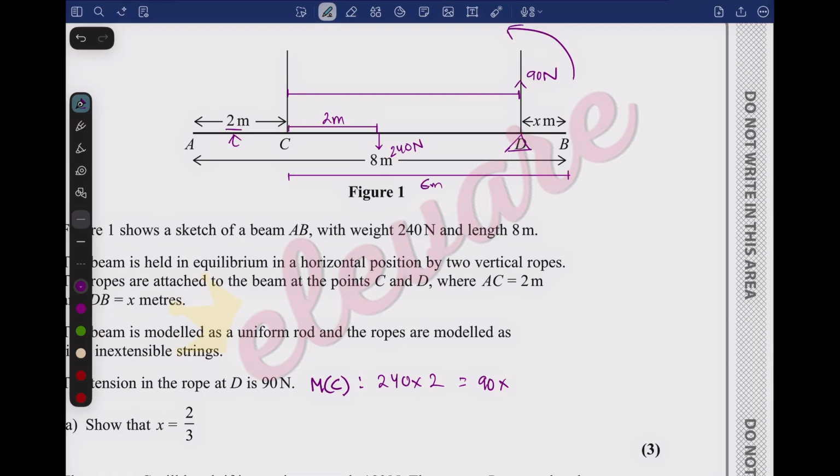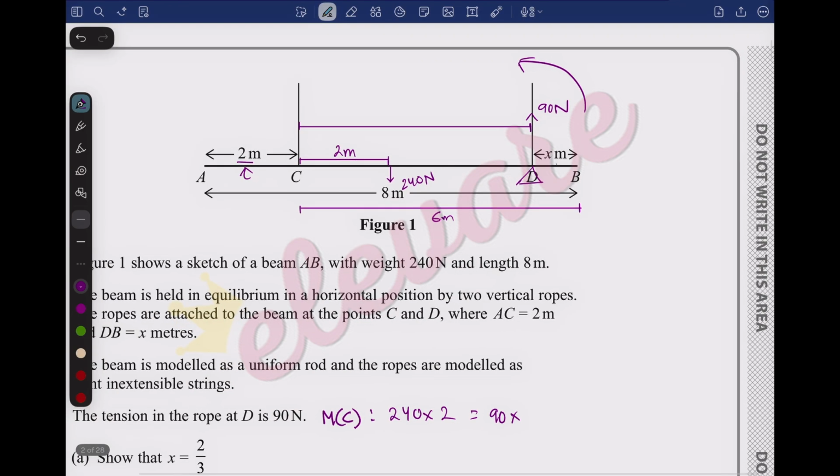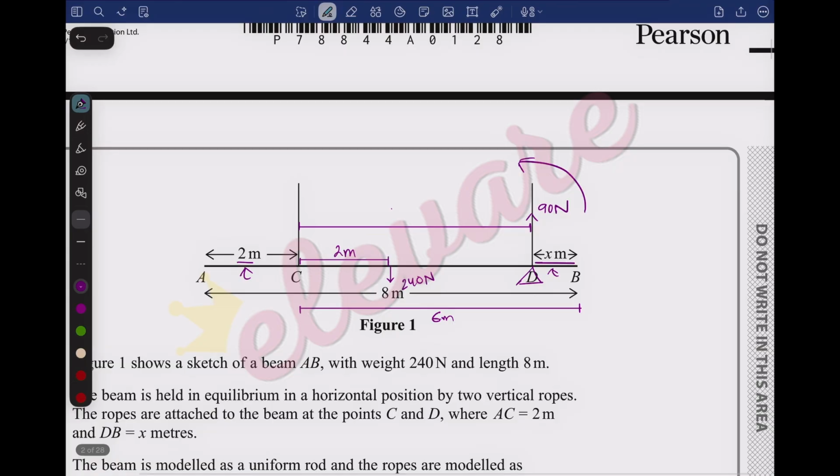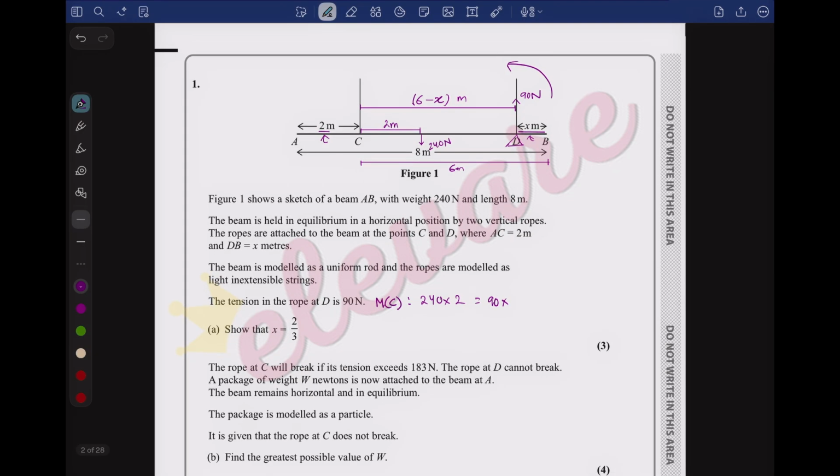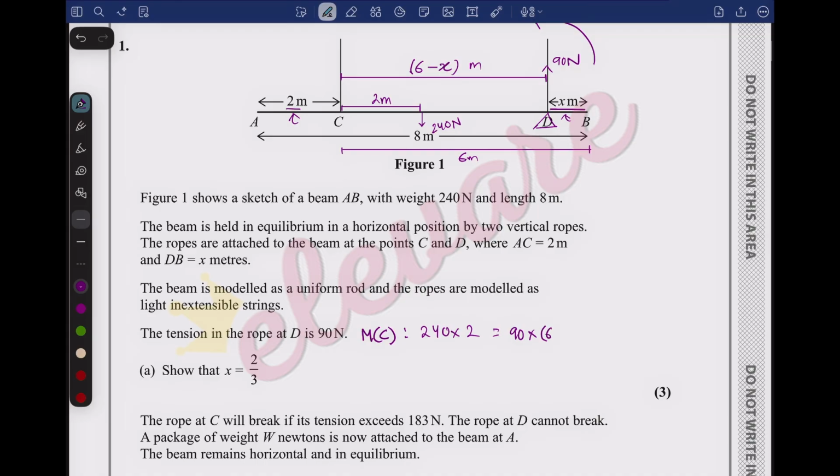Now, if this is 6 meters and this is x meters, isn't this distance just 6 minus x meters? I hope that makes sense. Nothing more to explain there, honestly. So 90 times 6 minus x.